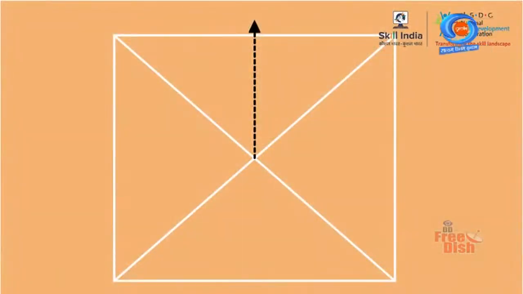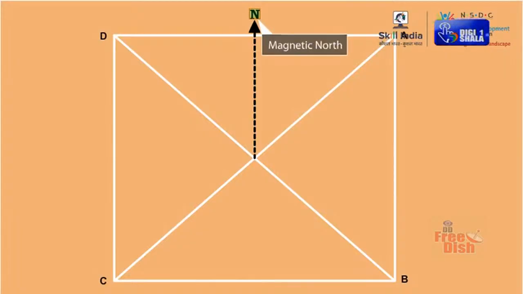When this area is shown in the form of a map or a plan, this is how it looks. The 4 main stations are marked with the letters A, B, C and D. Note that the point N on the map is not a main station, but the magnetic north of the area.